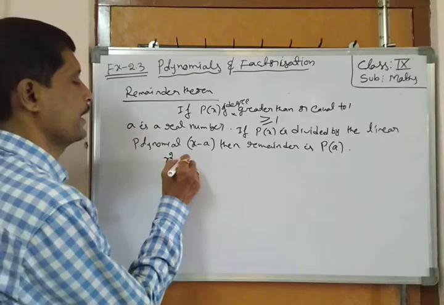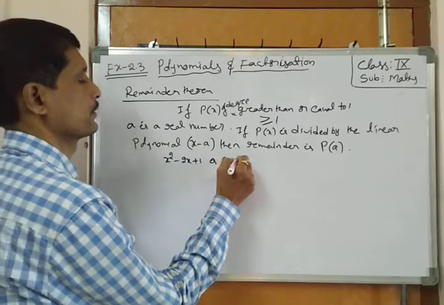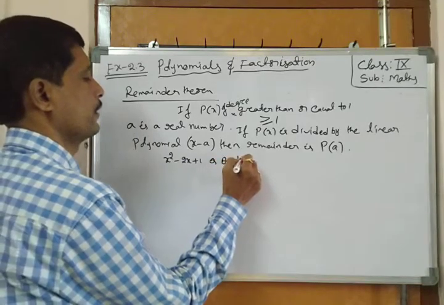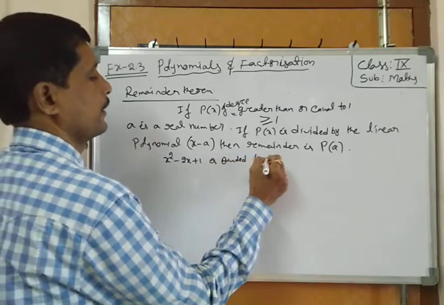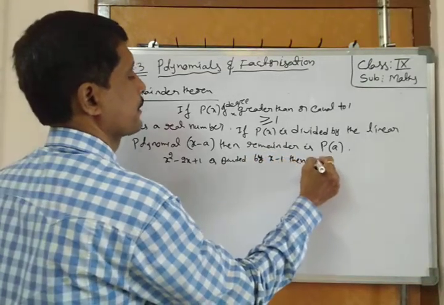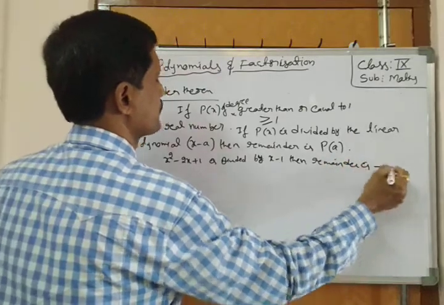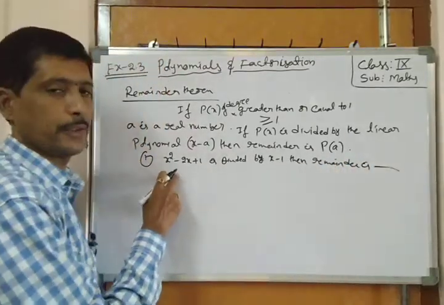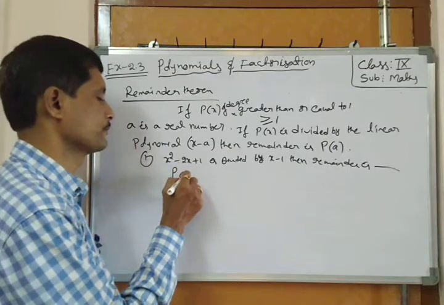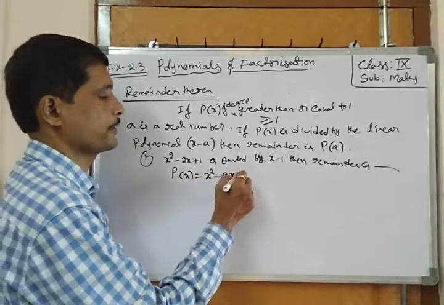Here suppose x square minus 2x plus 1 is divided by x minus 1, then the remainder equals what? Here this is a polynomial p of x, x square minus 2x plus 1.